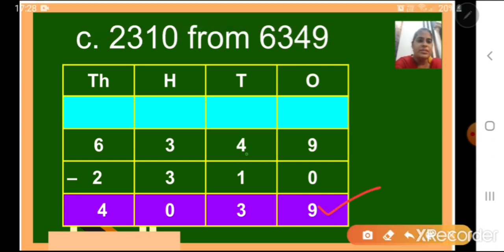Then in tens place, 4 minus 1 is 3. In hundreds place, 3 minus 3 is 0. Okay, here you may make a mistake. 3 minus 3 is 0. In thousands place we have 6 minus 2, which is 4.